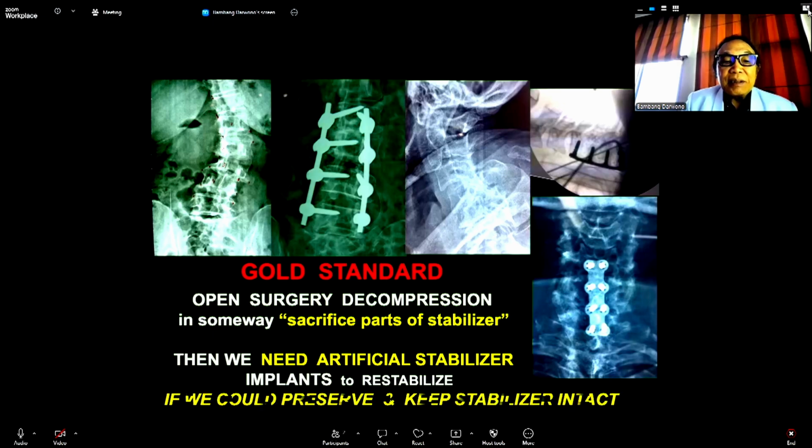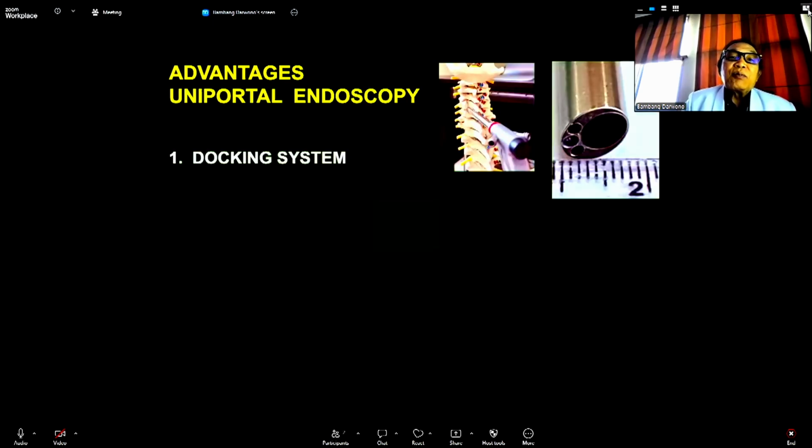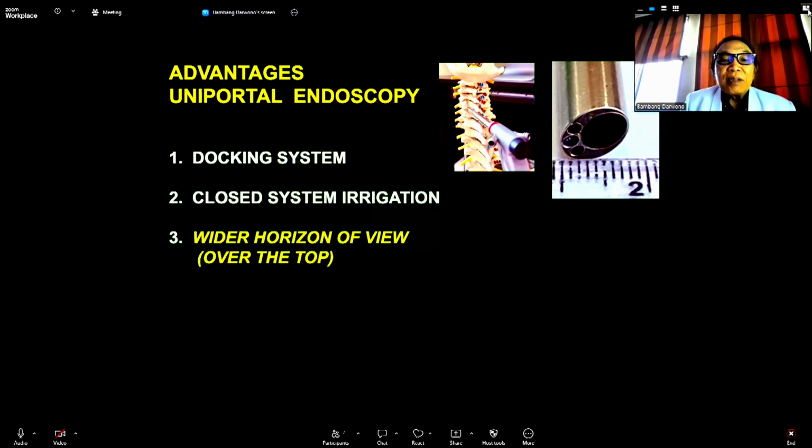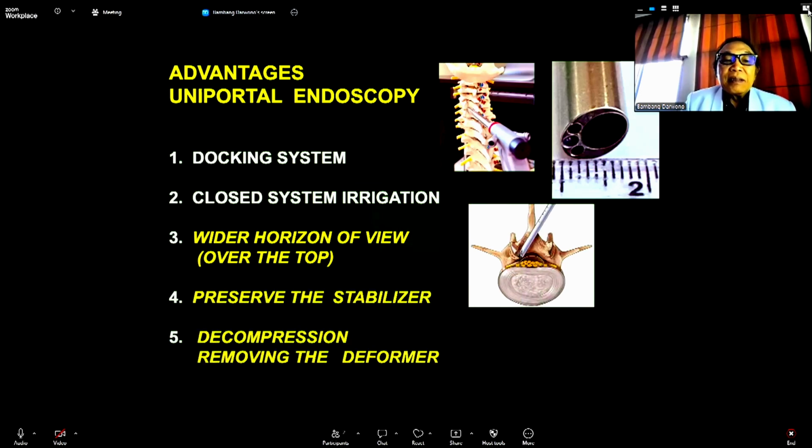The question is, if we could preserve the stabilizer and keep it intact, do we need fusion? Advantages of uniportal endoscopy are a docking system, closed system irrigation, and a wider horizon of view over the top, preserving the stabilizer, decompression, and removing the deformer only.